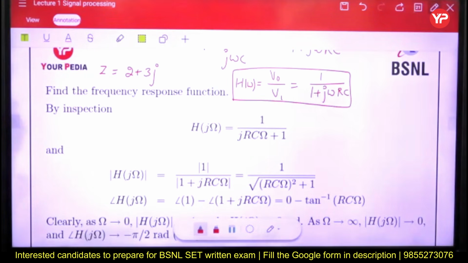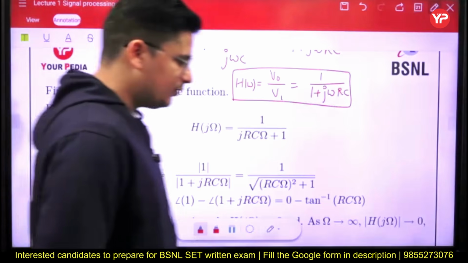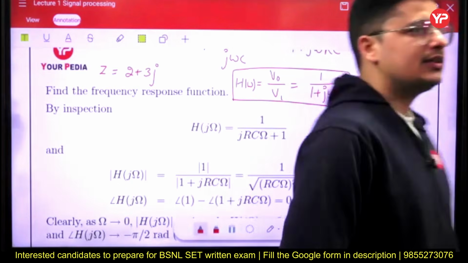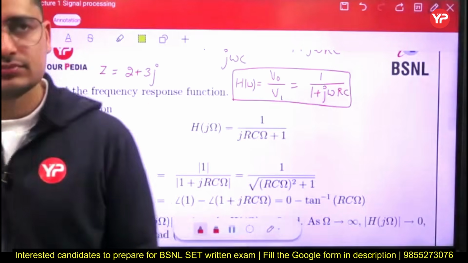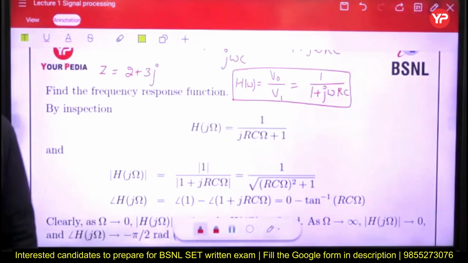This is a complex number, z equals 2 plus 3j. How can you calculate its magnitude and its angle?